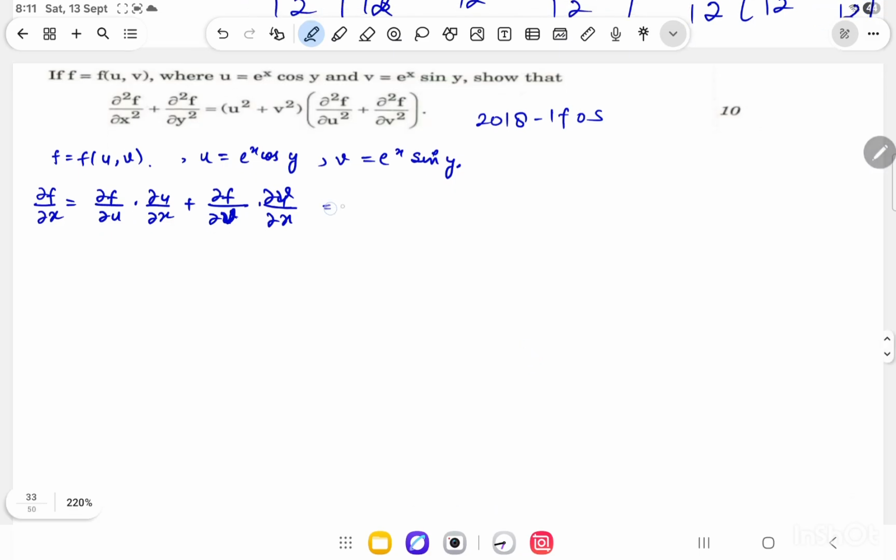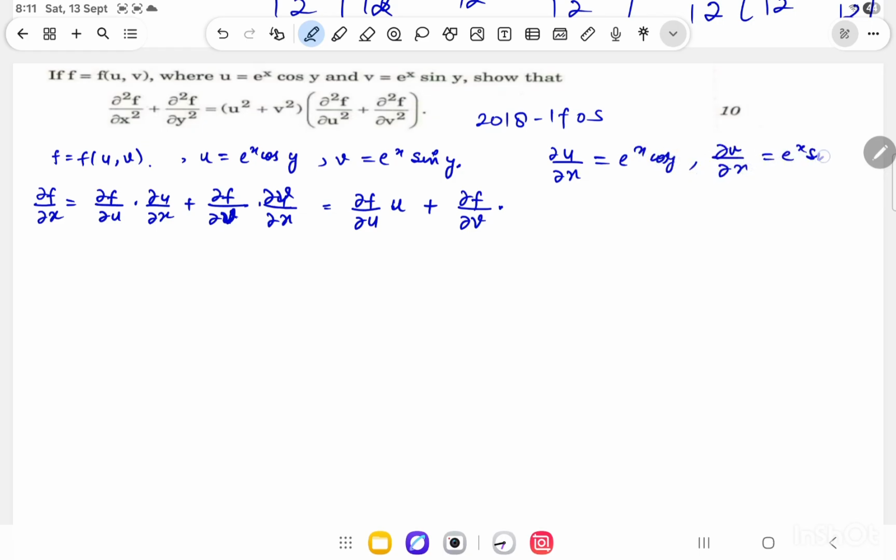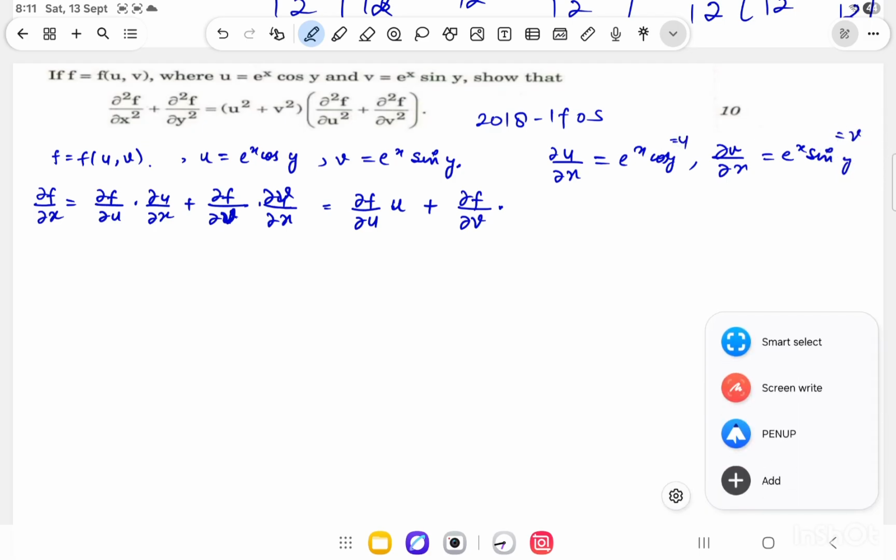Del u by del x is e raised x cos y, that is u only, and del v by del x is e raised x sin y, that is v only. So this thing will be equal to u del f by del u plus v del f by del v.